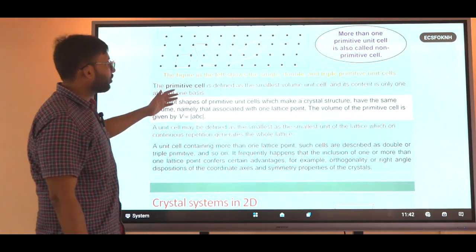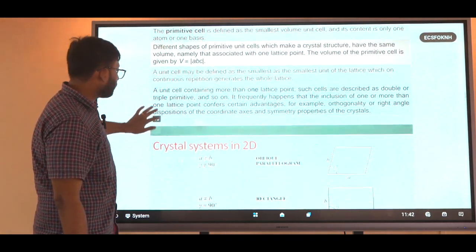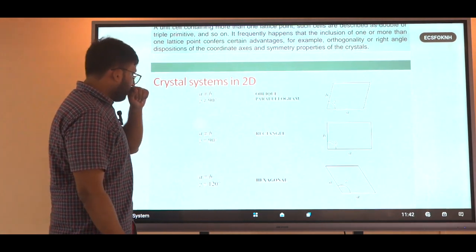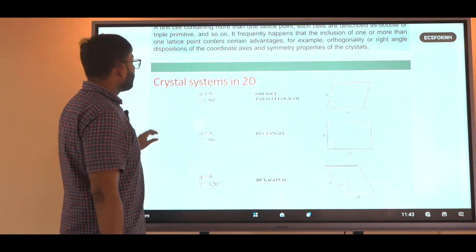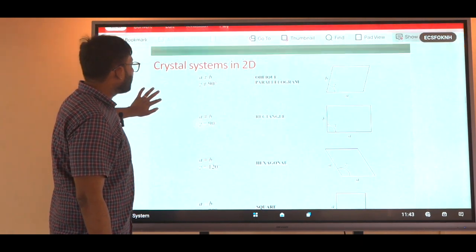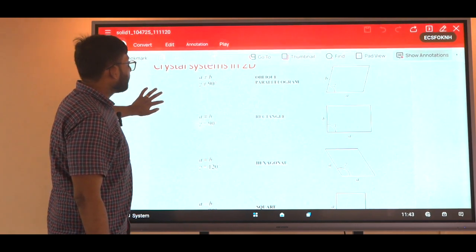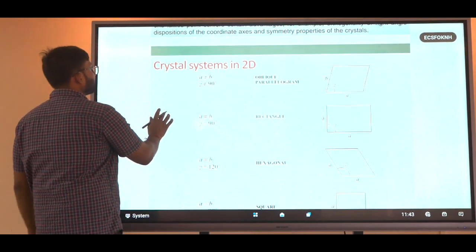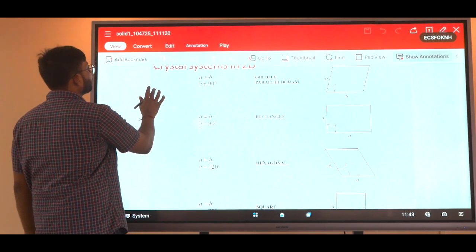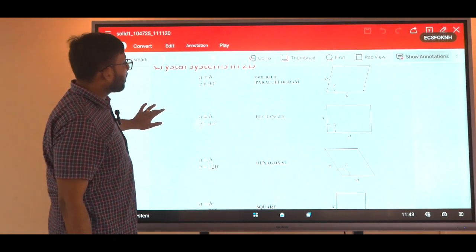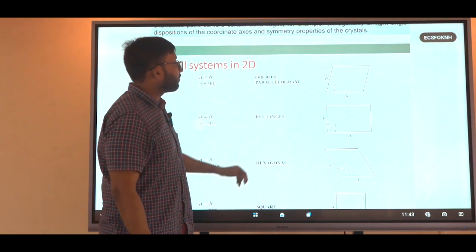These are the definitions, you can go through it. So now we'll come to the crystal system in 2D. In crystal system of 2D, we have 4 distinct systems. Number one is oblique parallelogram.